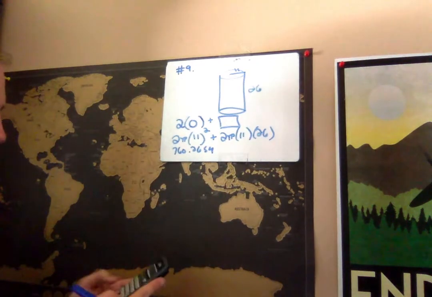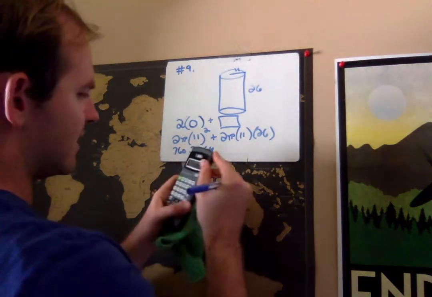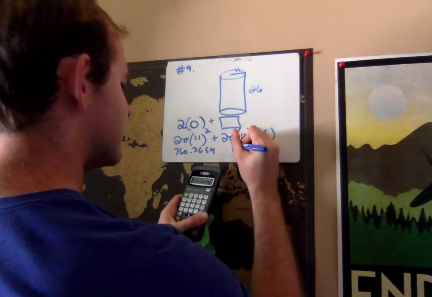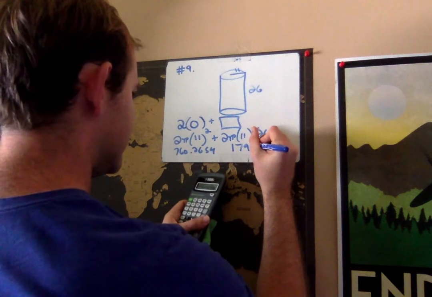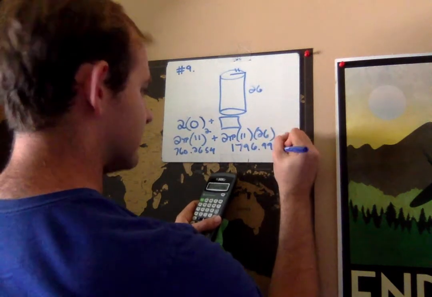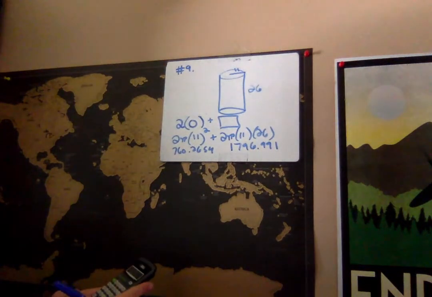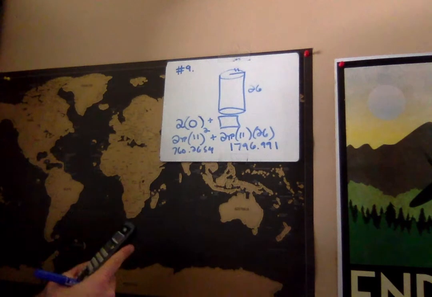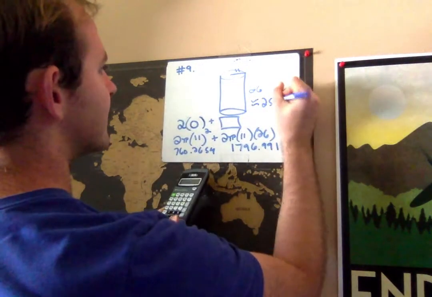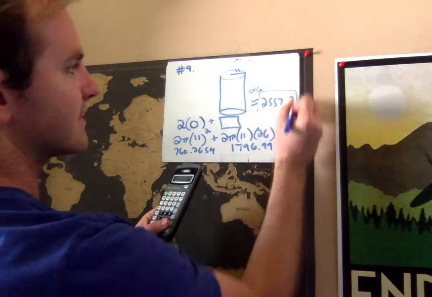Then I got 2 times pi times 11 times 26, and I get 1,796.99. Well, let's round it there. Add that to 760.2654, and I get 2,557.3 if we're going to round to the nearest tenth.